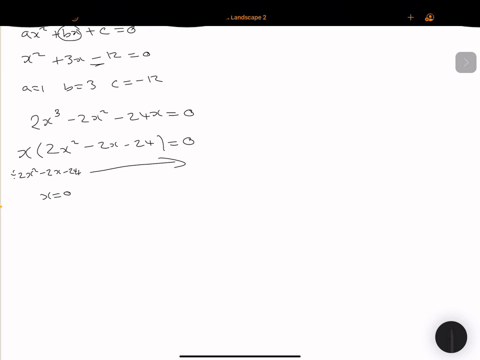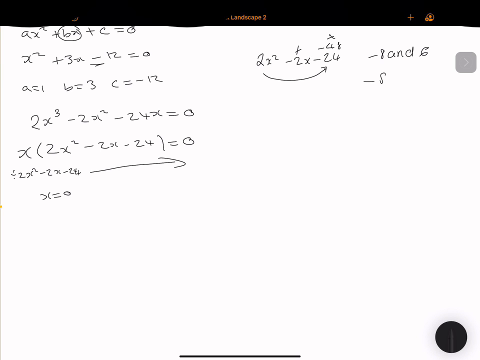Okay, 2x squared minus 2x minus 24. So we're going to times that by that, which gets us minus 48. And then we've got to find out what times to make minus 48 and adds to make minus 2x, which is minus 8 and 6.